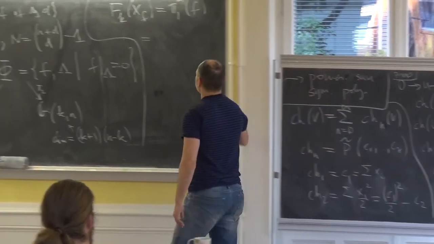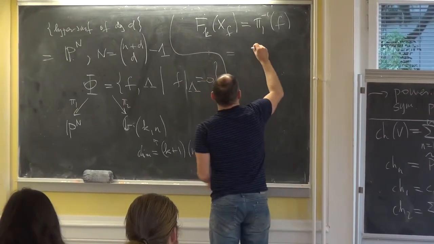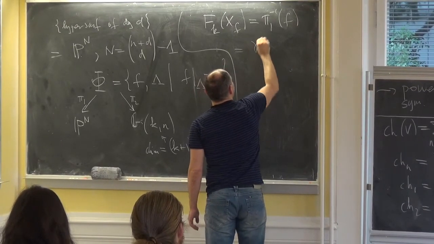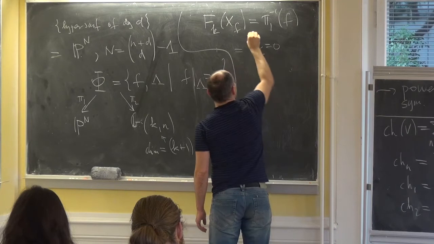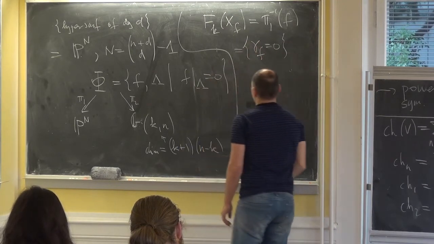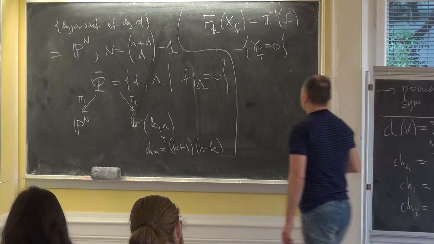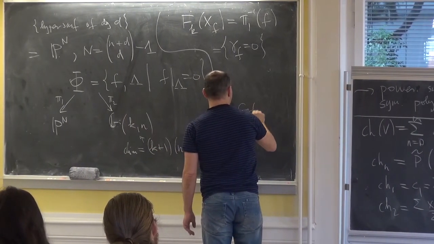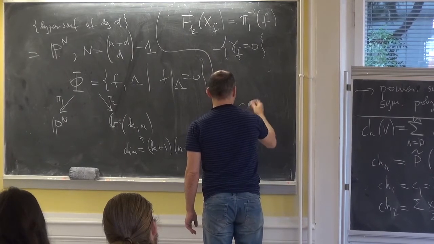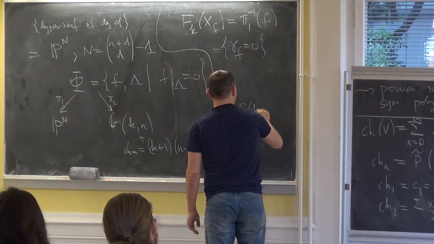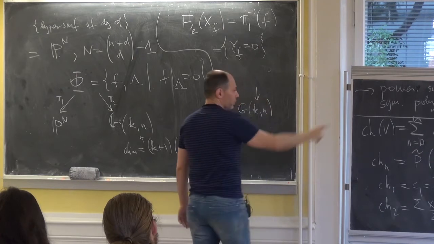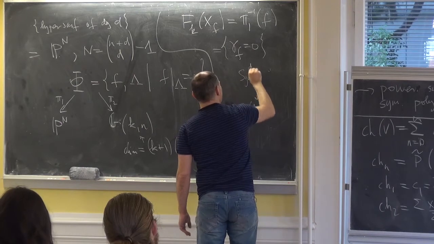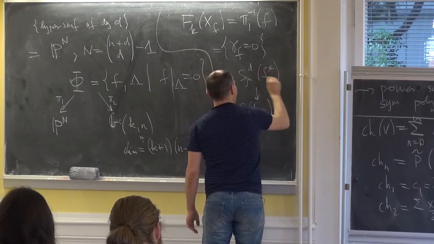So this is just equal to the 0 set of gamma f equals 0, where gamma is the following. In this Grassmannian G, you have the usual tautological bundle, and you look at Sym^d of S star.